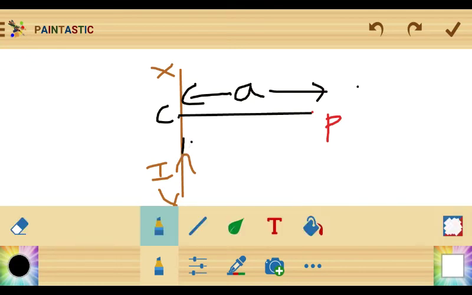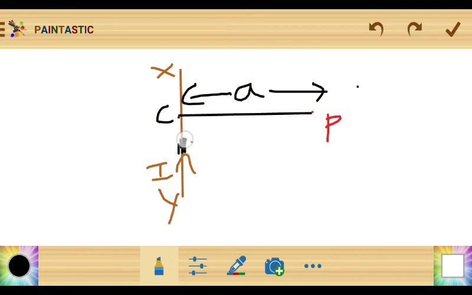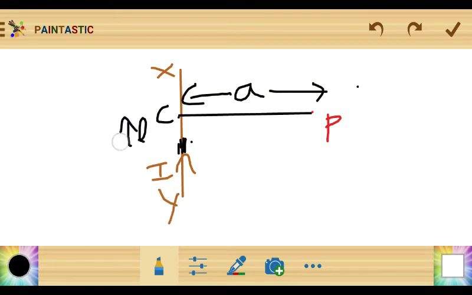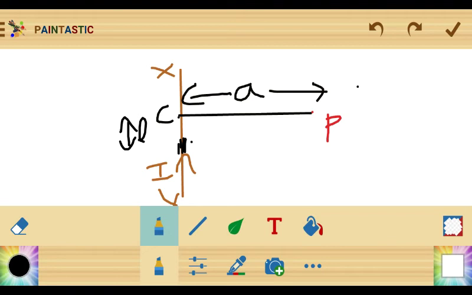This is a current element dl, and from the center of the current element, this black one, I'm just darkening it, from C, it is at a distance L. This distance we are talking about is small l from C, and the current element length is, we always say, dl.